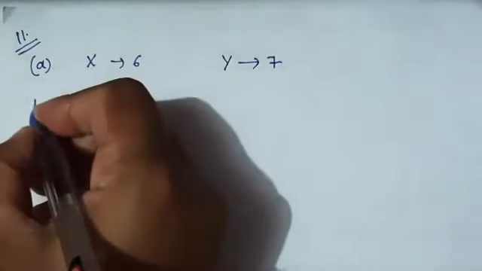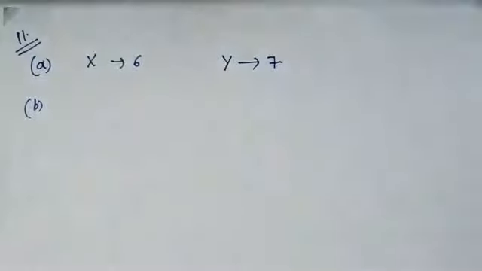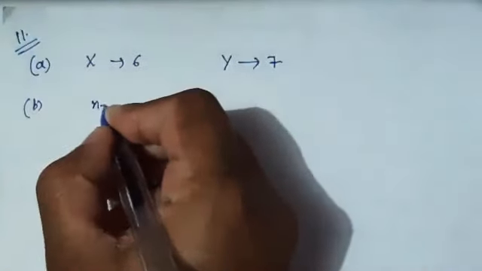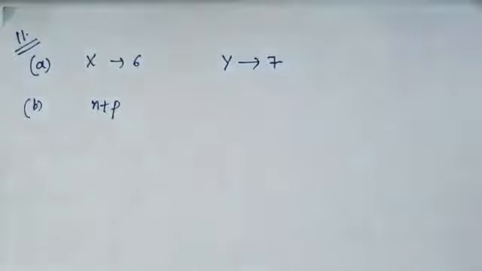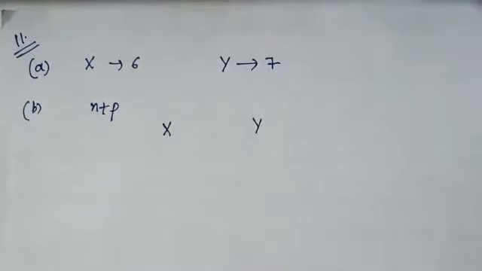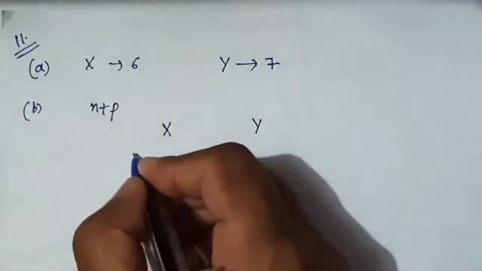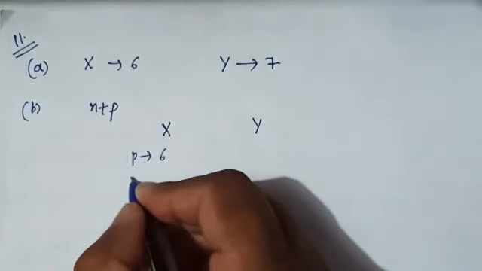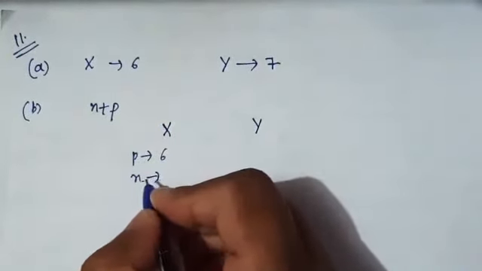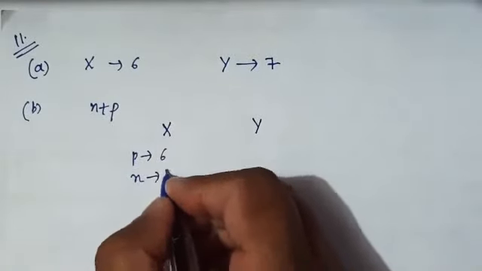Coming to B part, what is the nucleon number of elements X and Y? What is a nucleon? Nucleon number is basically the sum of neutrons plus protons, meaning the mass number. So you have to calculate for X and Y both. For element X, protons are 6 and neutrons, when you see the unshaded part, are 8.